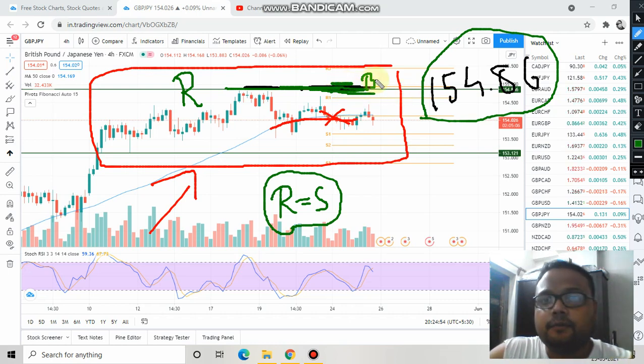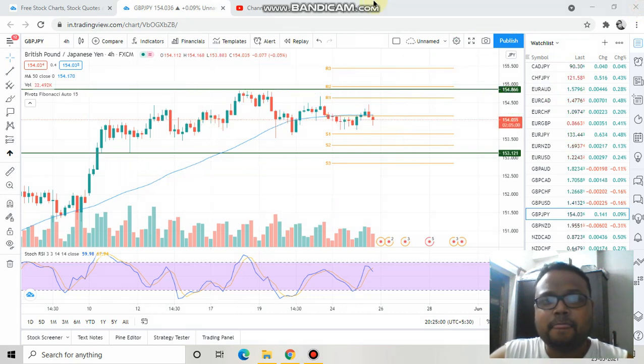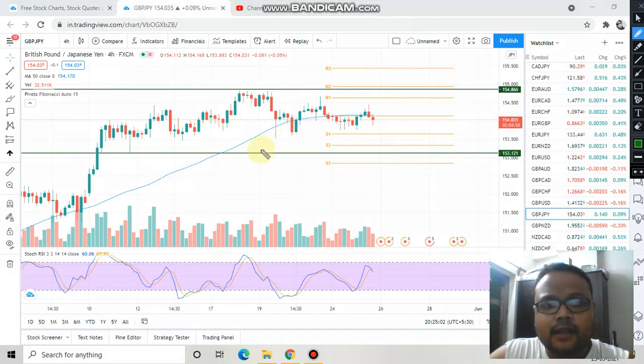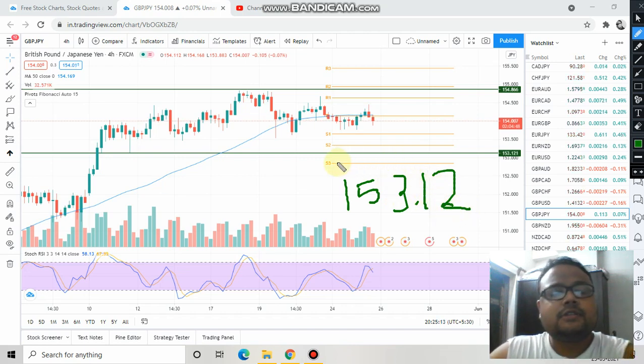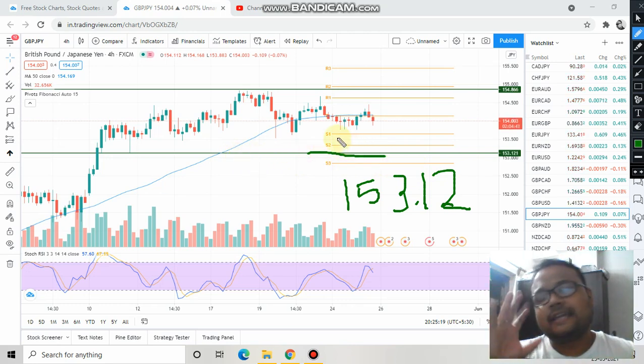This will be our next area of value. On the other hand, if you're looking for some quick profit, then wait for the market to come down to this 153.12 level. If you find the market near this range, observe the price again.